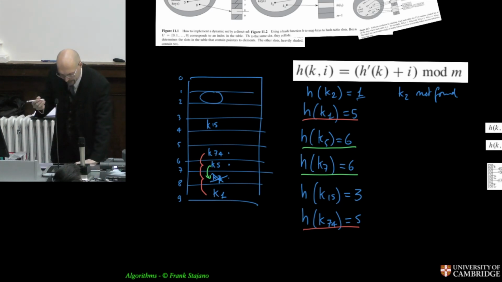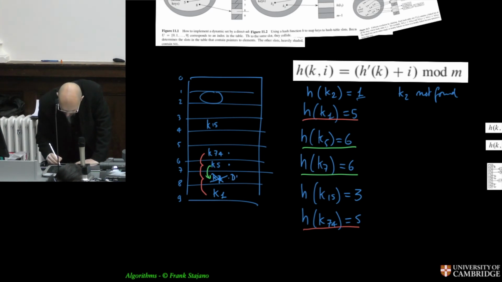So what I need to do in this case is not to delete it by saying this slot is now empty, but delete it by saying this slot is now deleted. And deleted is different from empty.